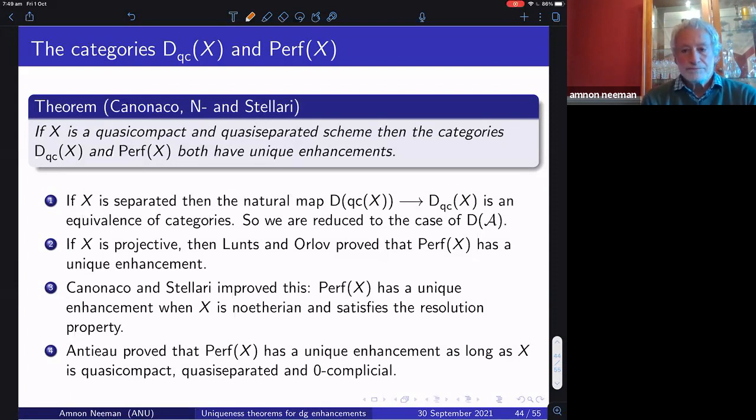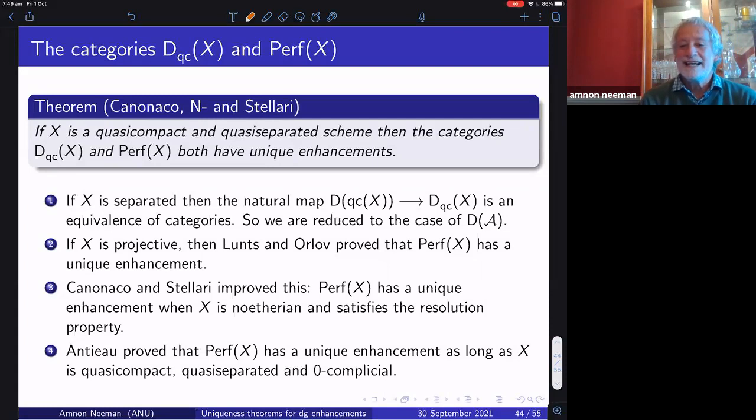The statement about perfect complexes was known relatively narrowly. So Lunts and Orlov proved it when X is projective. Canonaco and Stellari improved it to X Noetherian and satisfying the resolution property. And Antieau was, as I said, much more general.